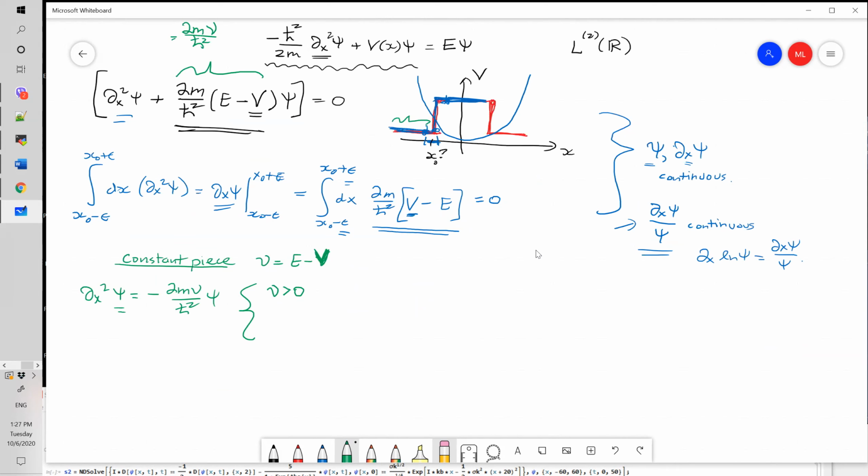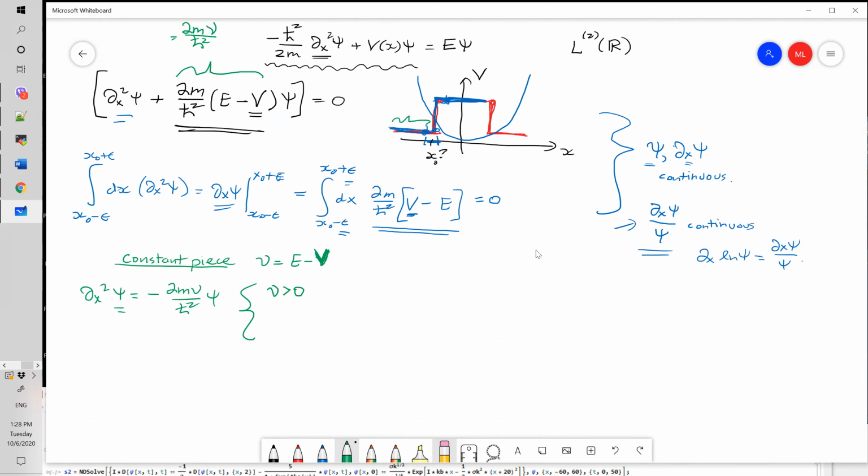It's got some positive kinetic energy. If the total energy is bigger than the potential energy, it's got some kinetic energy. So you should immediately think, oh, I should have some kind of momentum for the particle, so I should get exponential solutions. And indeed, that's what you get.